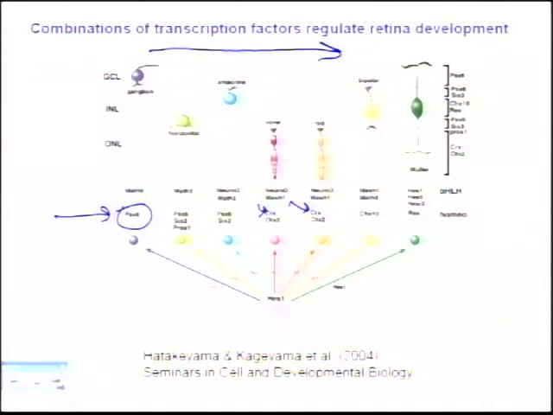The second class are basic helix-loop-helix transcription factors, referred to as proneural transcription factors, the term coming from Drosophila. Here you can see the names of all these different transcription factors involved in forming the different cell types of the retina.